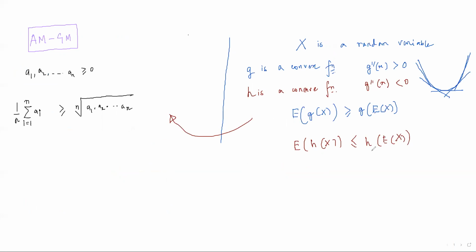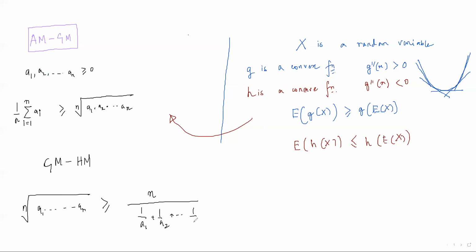Now, my food for thought question to you is: there's another inequality called the GM-HM inequality, which tells you that this nth root is greater than or equal to n by 1 by a1 plus 1 by a2 plus dot dot 1 by an.